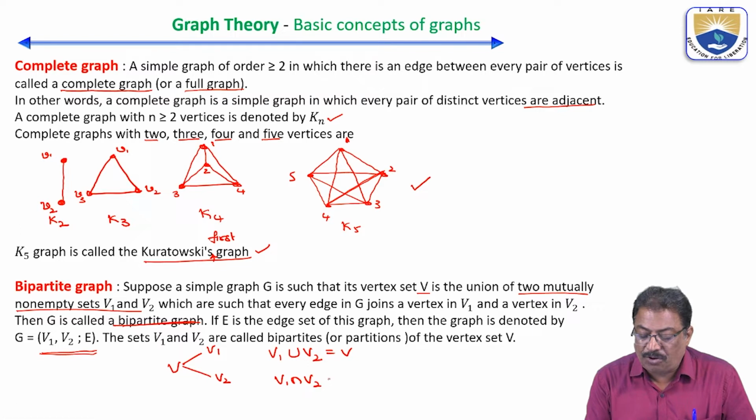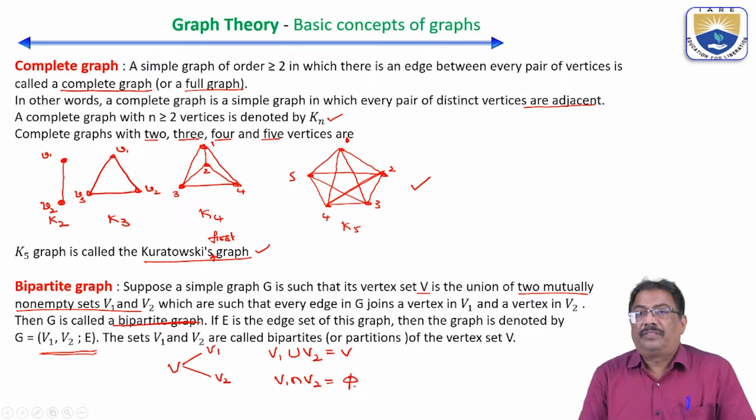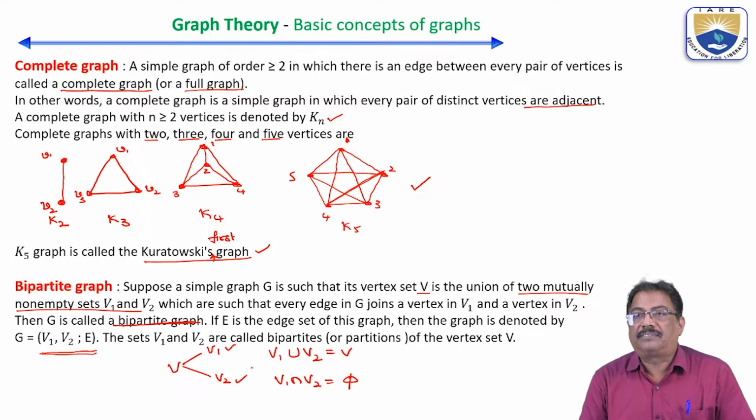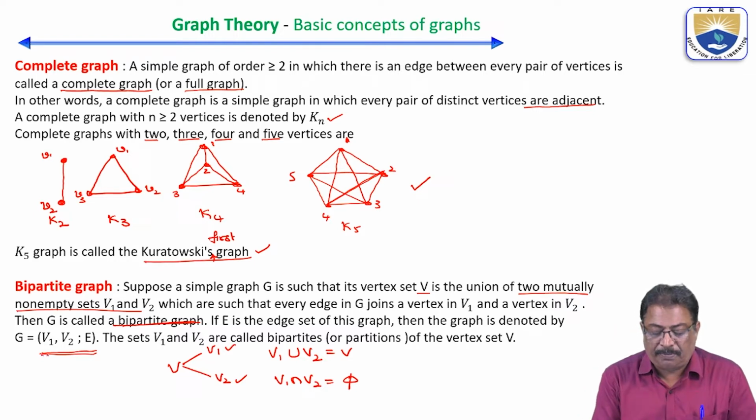That means there is no common element. So here V1 and V2 are called bipartites or partitions of the set V, and that graph is denoted like this.